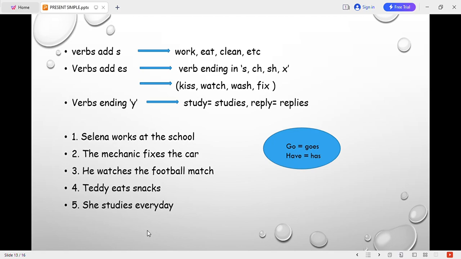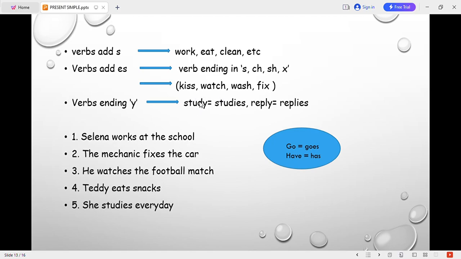He replies the message. Study, y. This letter y is changing to i-e-s. Reply, replies. Study, studies.